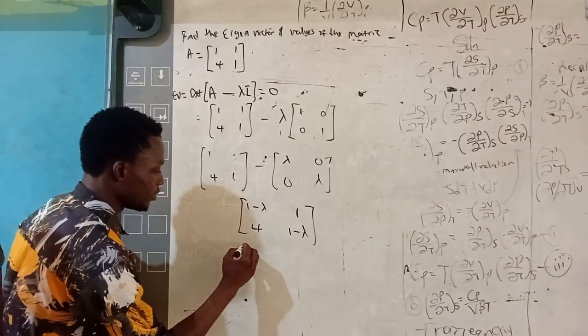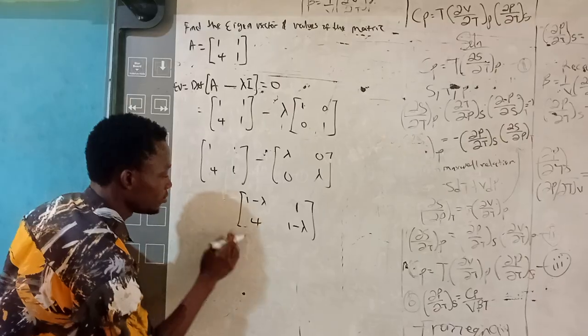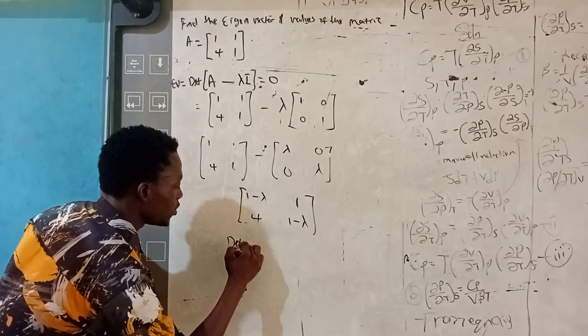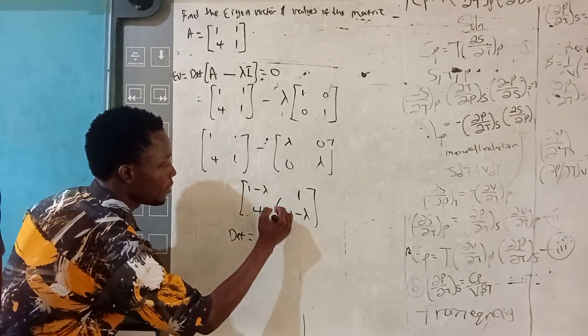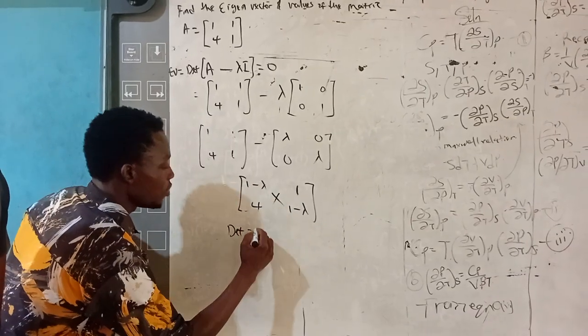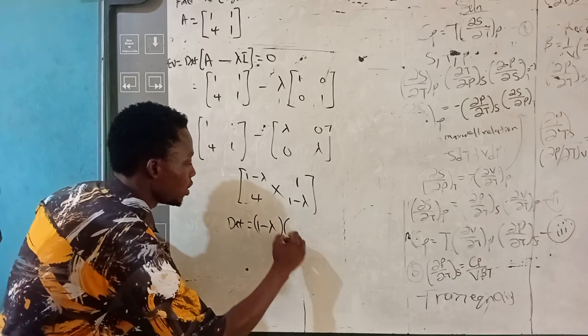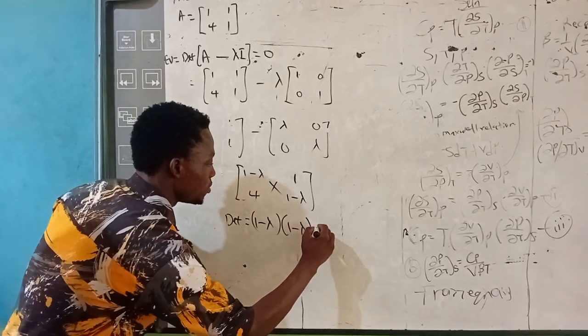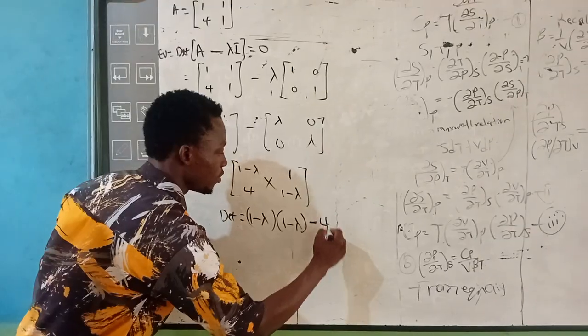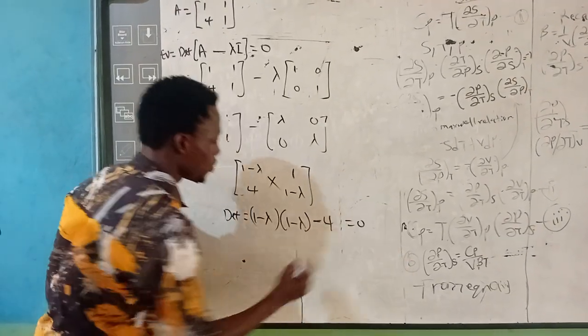So the determinant now would be this multiplied by this. So here we have 1 minus lambda multiplied by 1 minus lambda, minus 1 times 4, which is 4. Don't forget, it's going to be equal to 0.